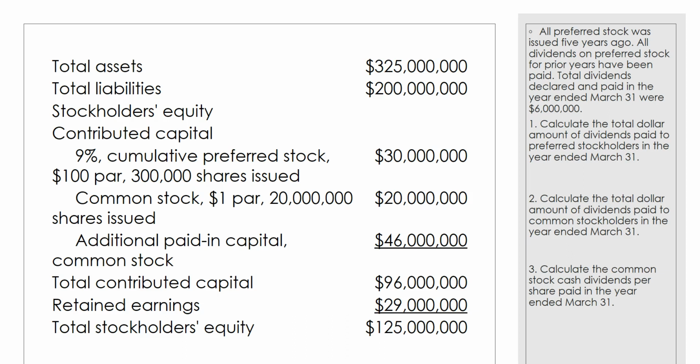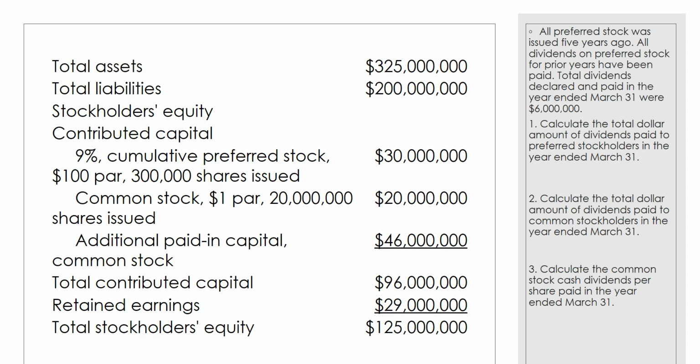The interesting thing about preferred stock is that there are two different ways that you can set up your preferred stock. First, you can make it non-cumulative, which simply means that if the company is unable or unwilling to make preferred dividends this period, they don't have to make them up.